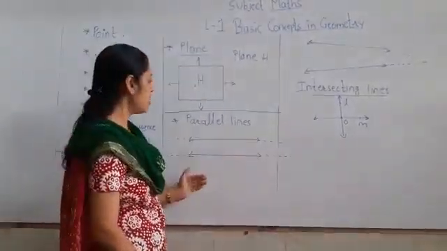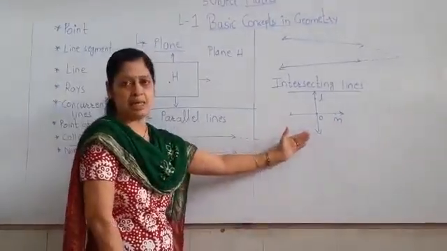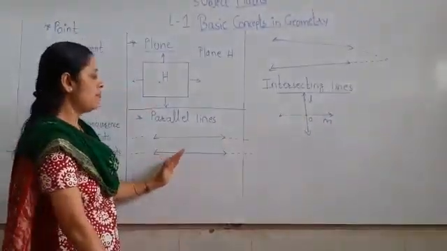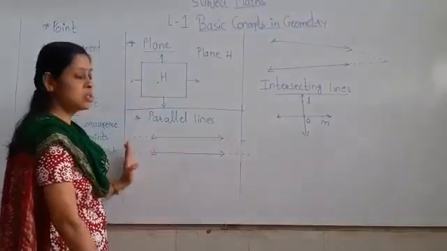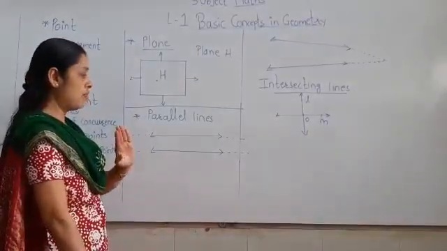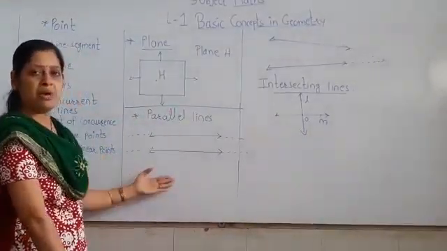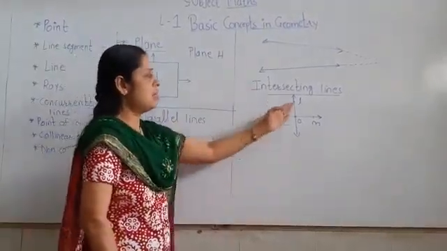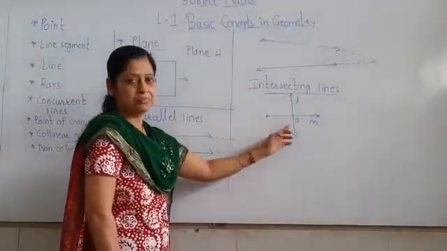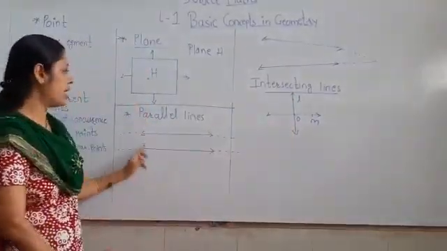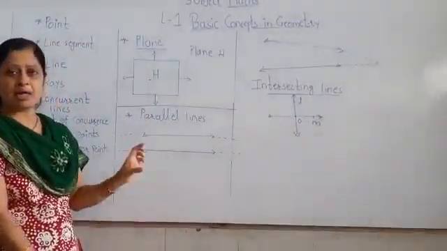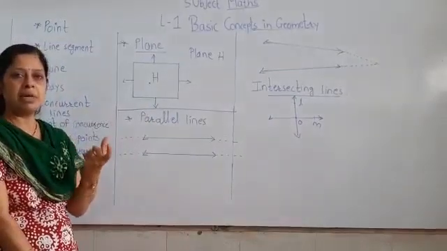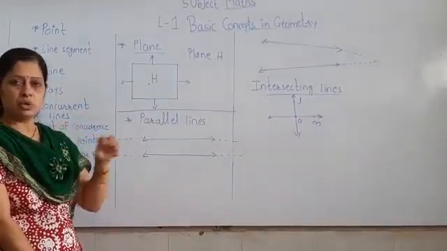Now what is the difference between parallel lines and intersecting lines? Parallel lines we can extend on both sides, but after extending they do not meet each other. Whereas intersecting lines meet each other at a single point. Examples of parallel lines are railway tracks, and in mathematics we use the equal to sign.